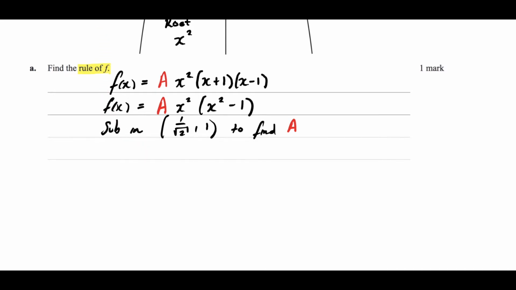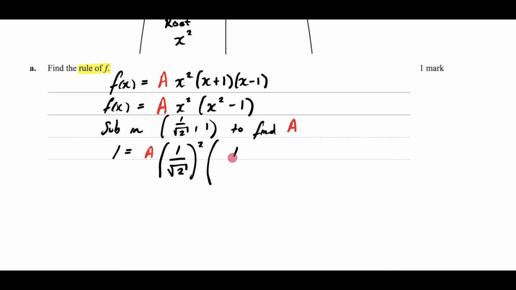So I'm going to say that I have 1 equals, I still have this A here. It's going to be x squared, so that means I'm going to get 1 over the square root of 2 squared.